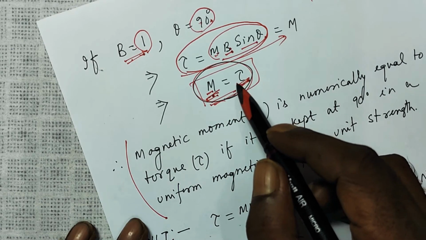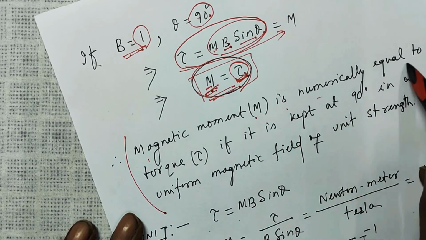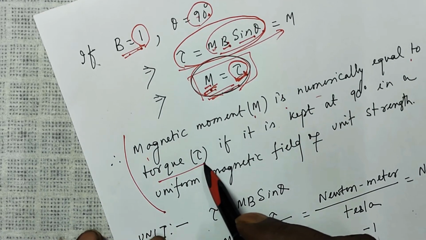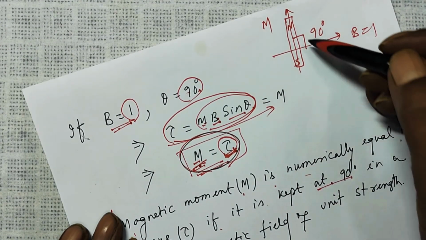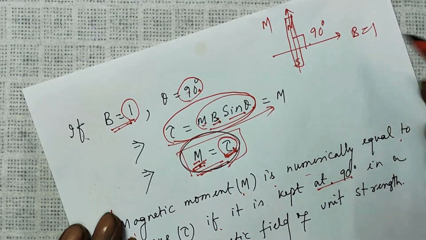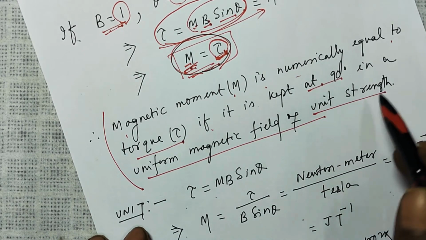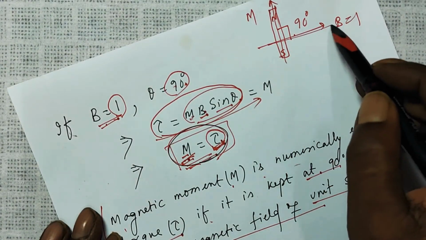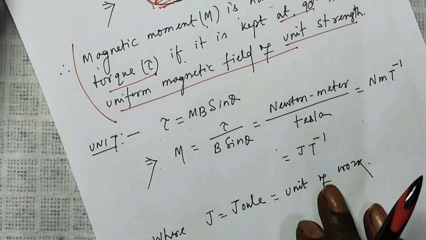Magnetic moment M is numerically equal to the value of the torque if the magnet is kept at 90 degrees in a uniform magnetic field of unit strength. So that is the technique to define.